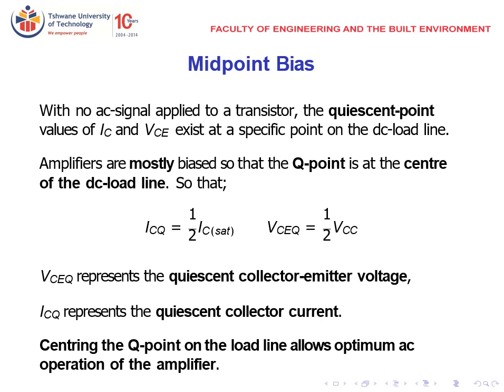Amplifiers are mostly biased so that the Q point is the center of the DC load line, so that ICQ is equal to half of the saturation current, and VCEQ is equal to half of VCC. VCEQ represents the quiescent collector emitter voltage. ICQ represents the quiescent collector current. Centering the Q point on the DC load line allows the optimum AC operation of the amplifier.